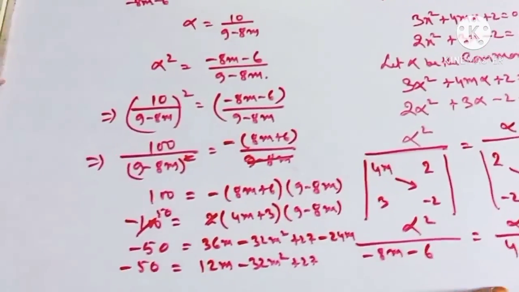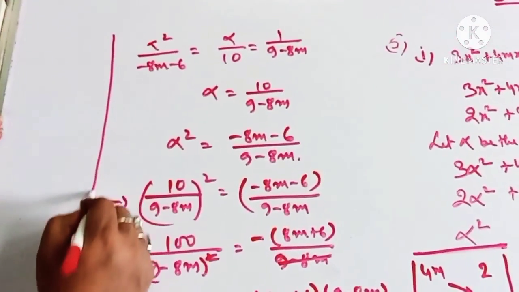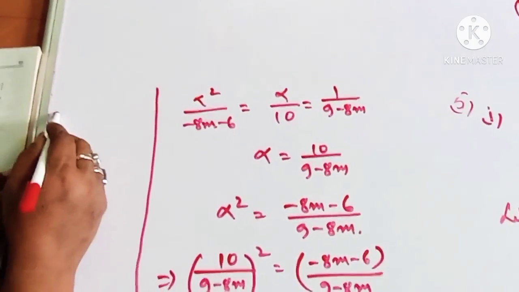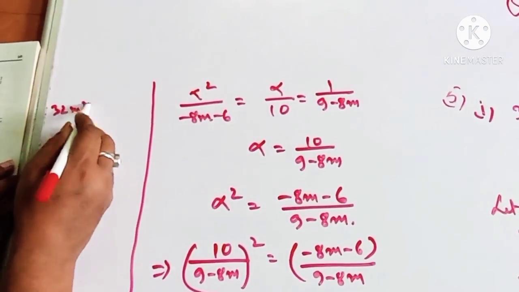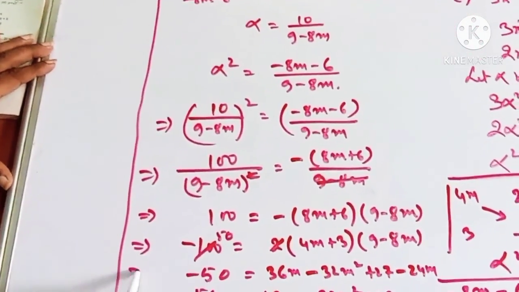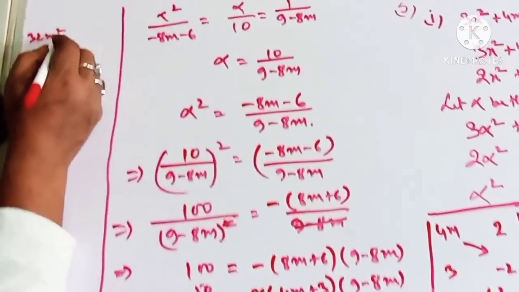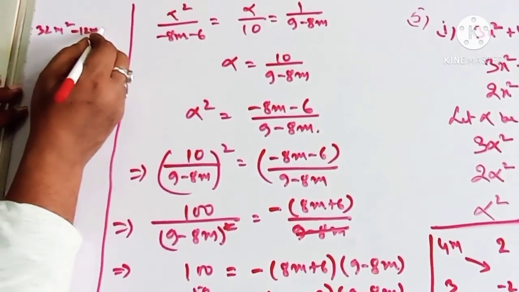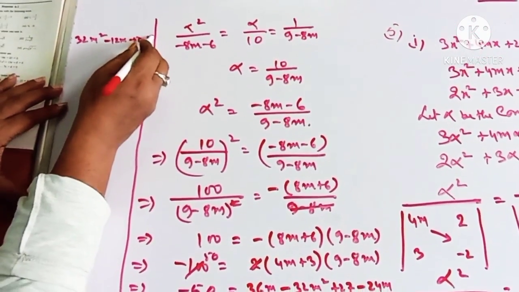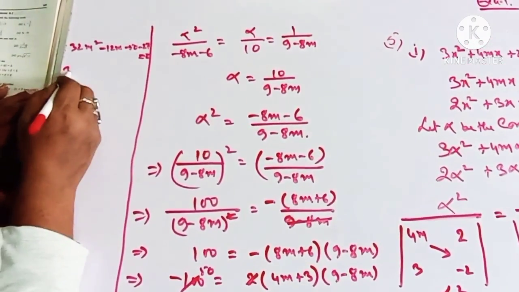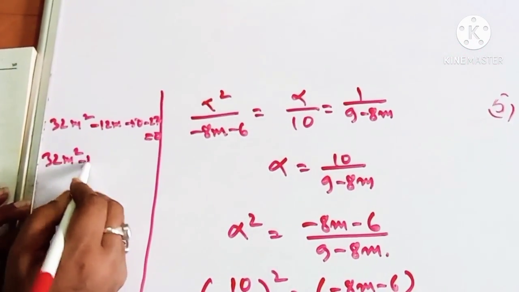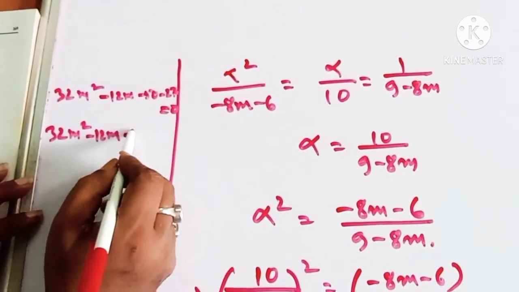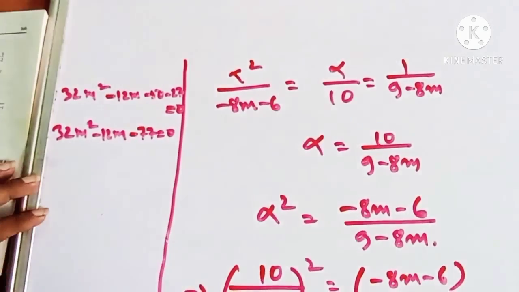Now I will bring all this to one side, so this will be 32m square minus 12m minus 50 minus 27 equal to 0. So 32m square minus 12m minus 77 equal to 0.